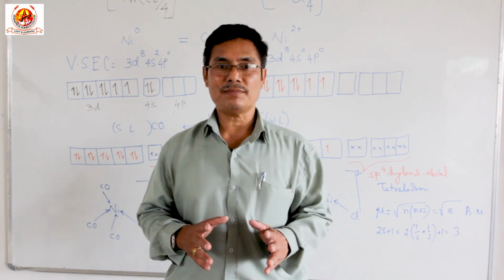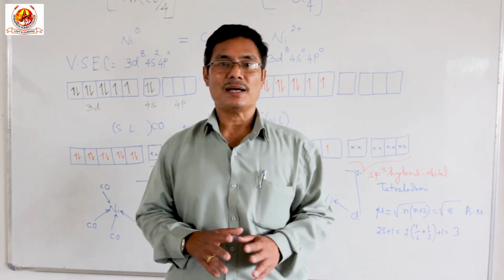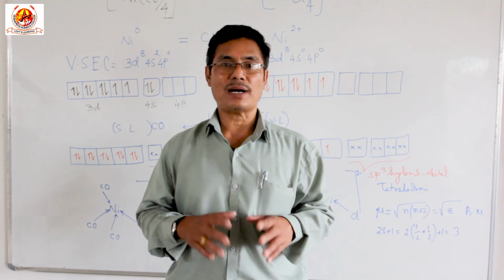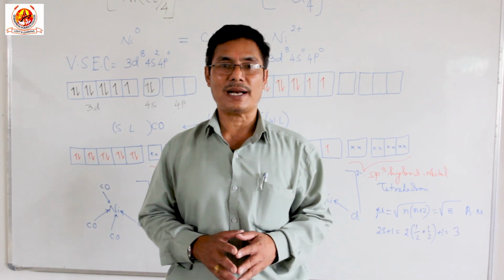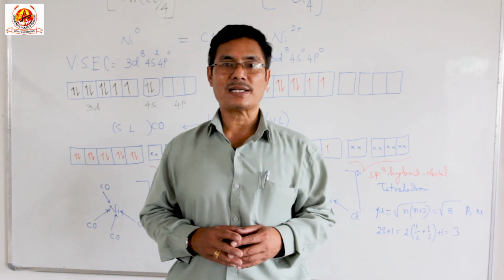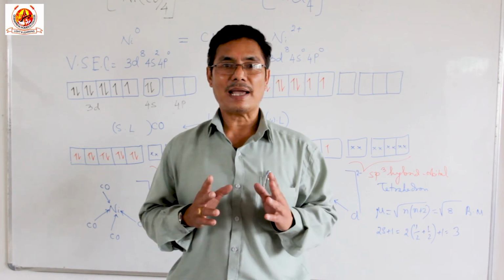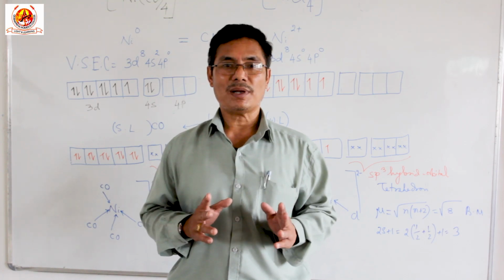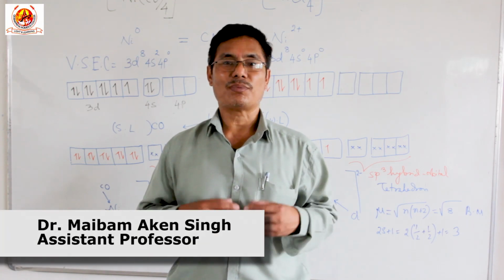The magnetic properties are also different: the first shows diamagnetism due to no unpaired electrons, that is, all the electrons are paired. In the second example, the presence of unpaired electrons shows paramagnetism. Now the third example shows diamagnetism and the fourth example is paramagnetic. So I think you have learned some ideas from this part.